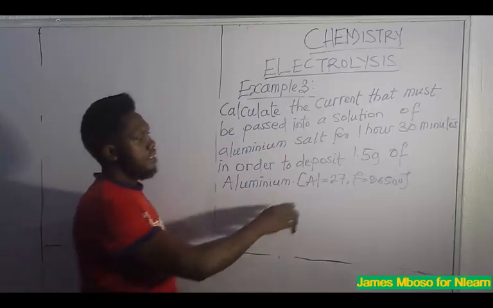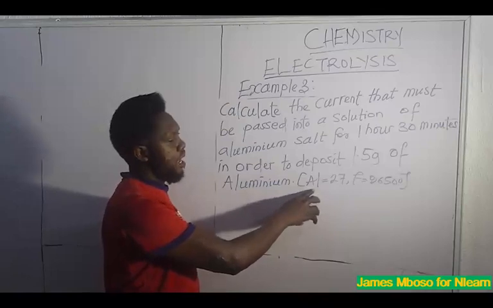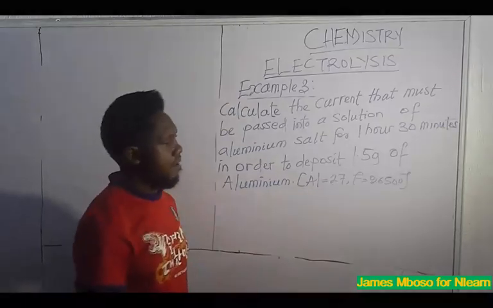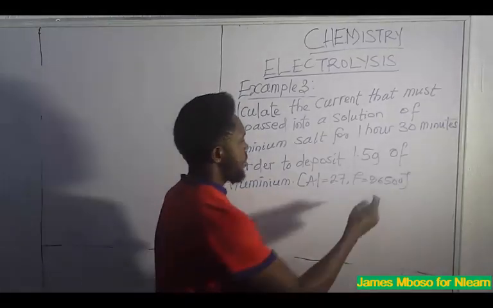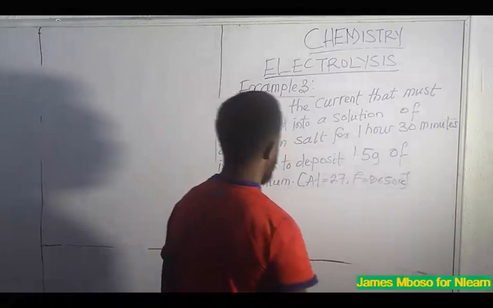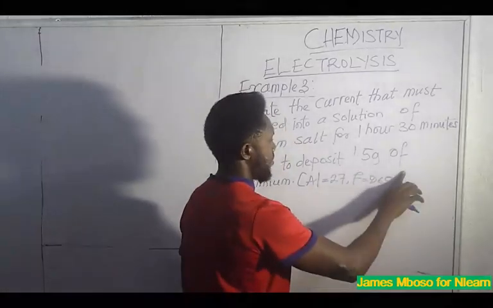We're given the molecular mass of aluminium as 27 and our Faraday constant as 96500 coulomb per mole.